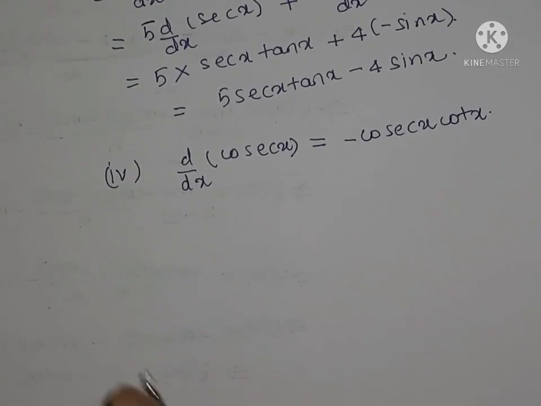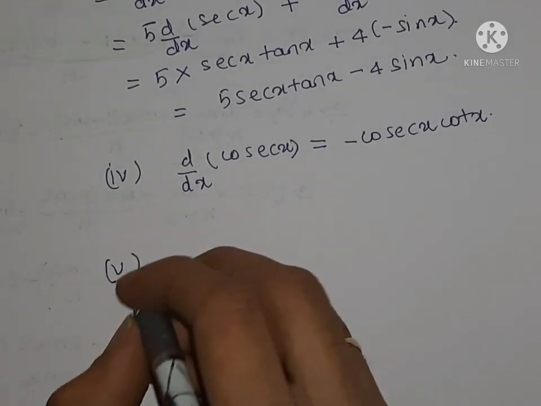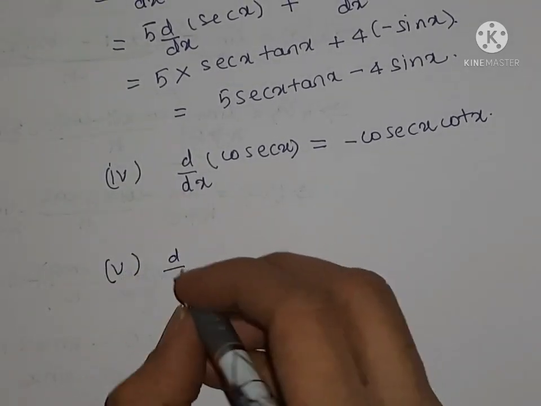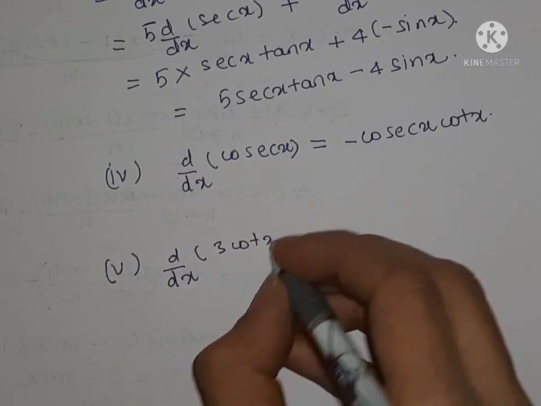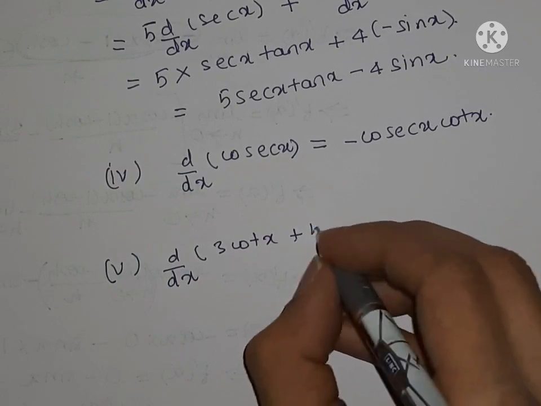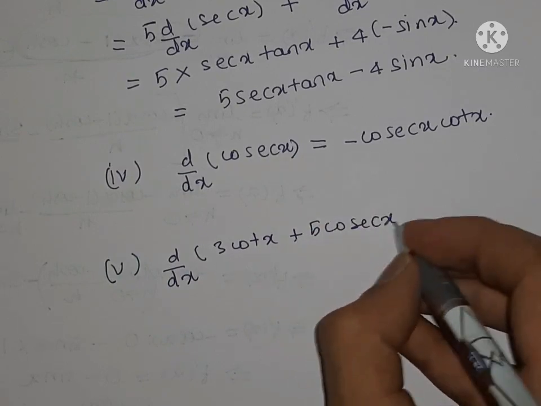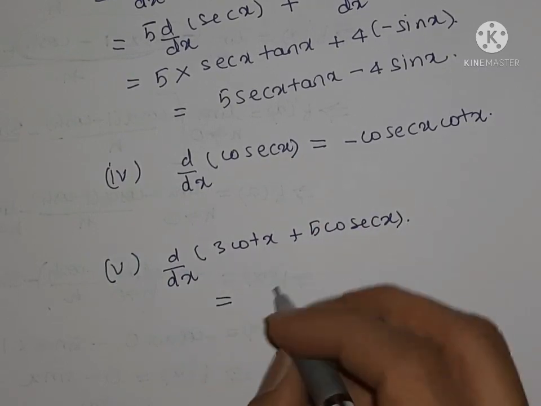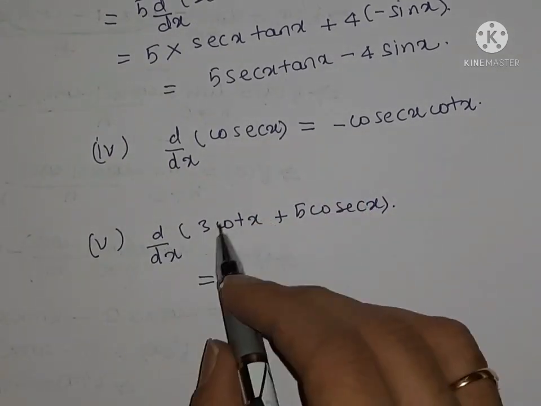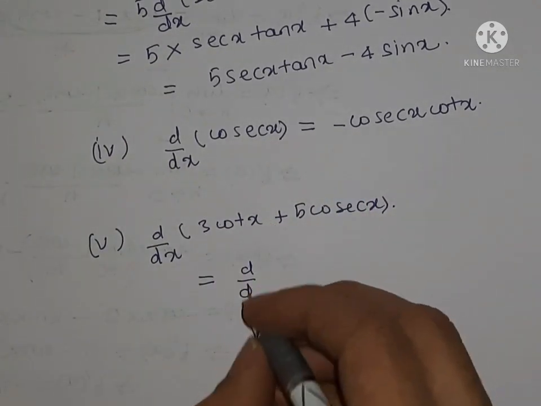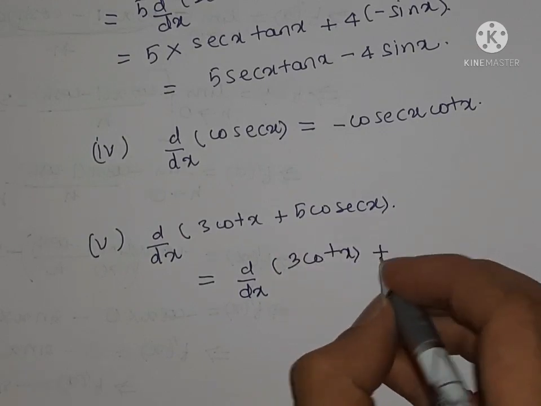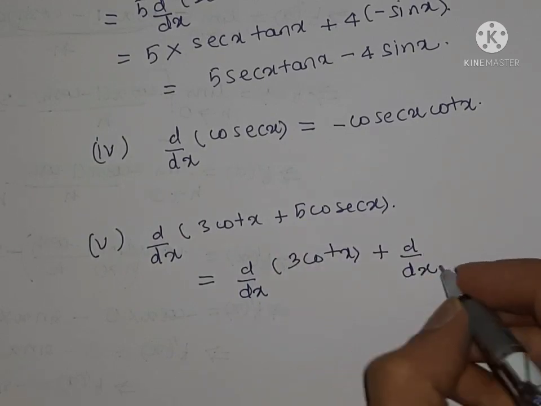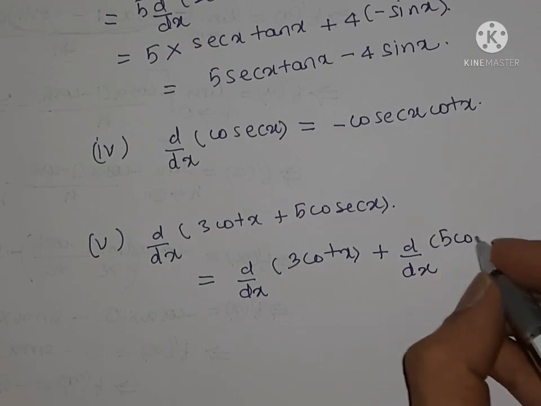Okay, now let us go to the fifth one. So we have to find the derivative of the function given as 3 cot x plus 5 cosec x, and that is equal to, so this derivative will get split into both the terms, derivative of 3 cot x, and you will get plus derivative of 5 cosec x.